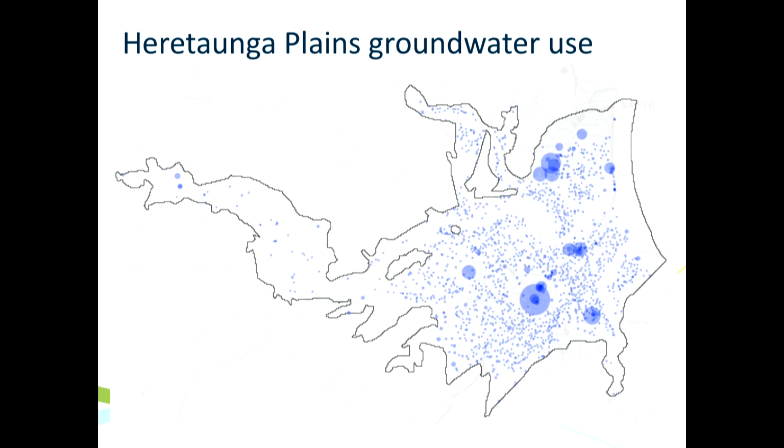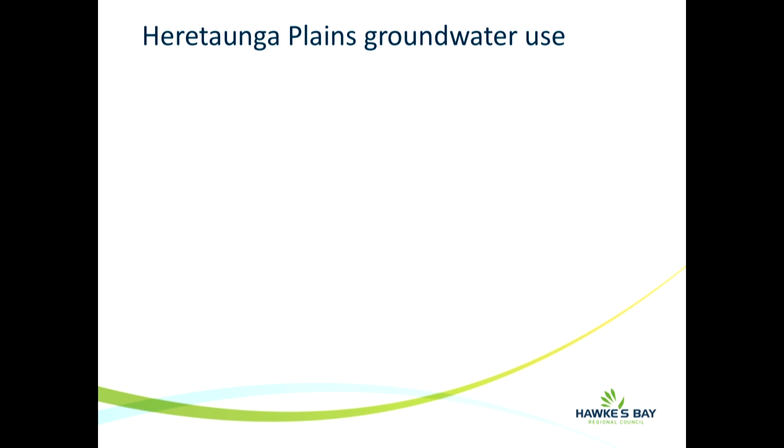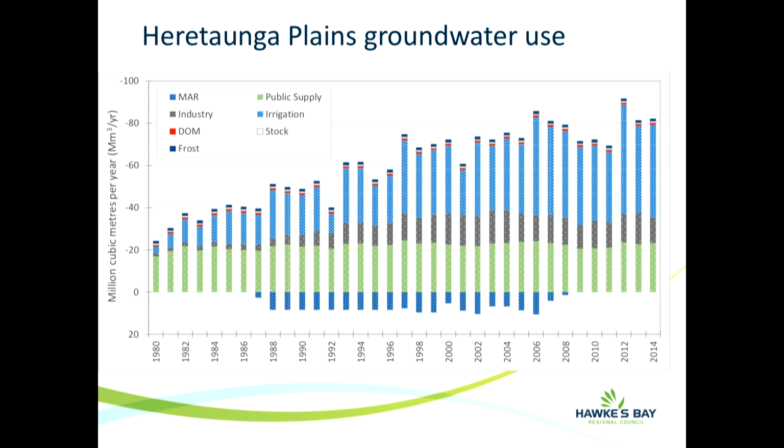But it's the smaller ones, mainly from Roy's Hill eastwards towards the sea, where there are so many that a substantial amount is abstracted from those as well. In terms of how that's changed over time, this graph shows us. In this graph we have million cubic metres over here.